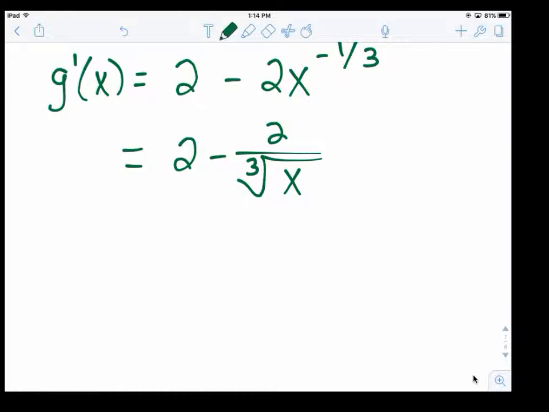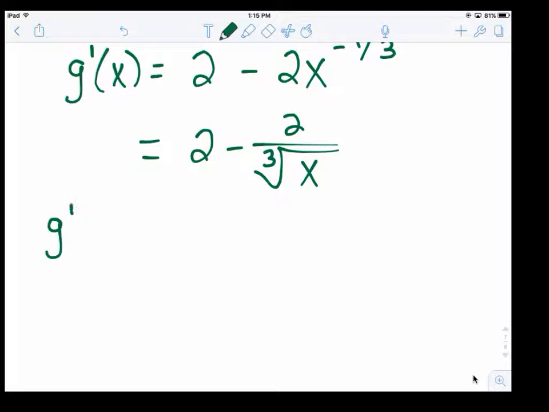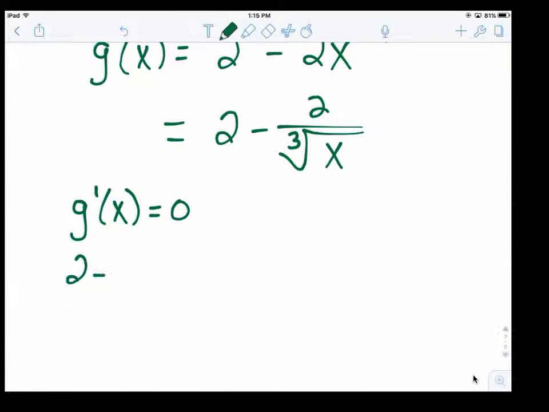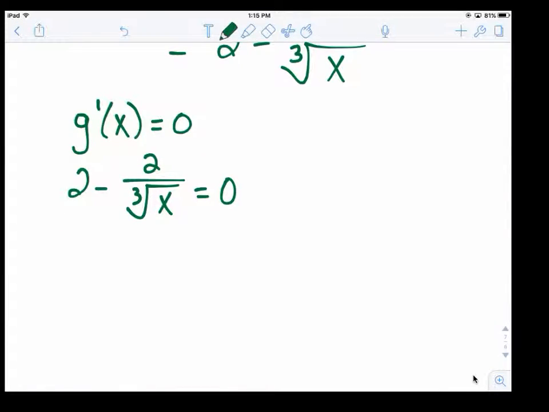Okay, so you're trying to see where does g prime of x equal 0. So you have 2 minus 2 over cube root of x is equal to 0. And what did you get? 1.